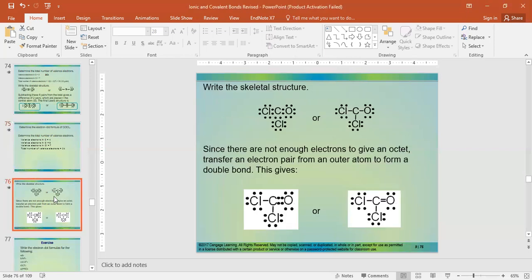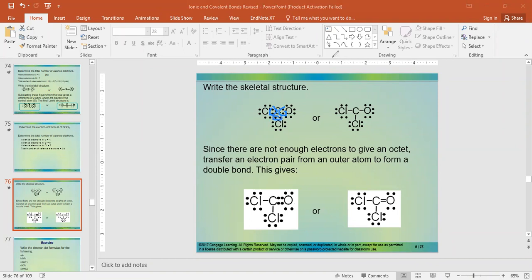Now, in the process, you will realize that we have used all the electrons that were available, but the carbon here is only surrounded by 6 electrons. And the 6 electrons that are surrounding carbon, you can see that we have this one and this one.